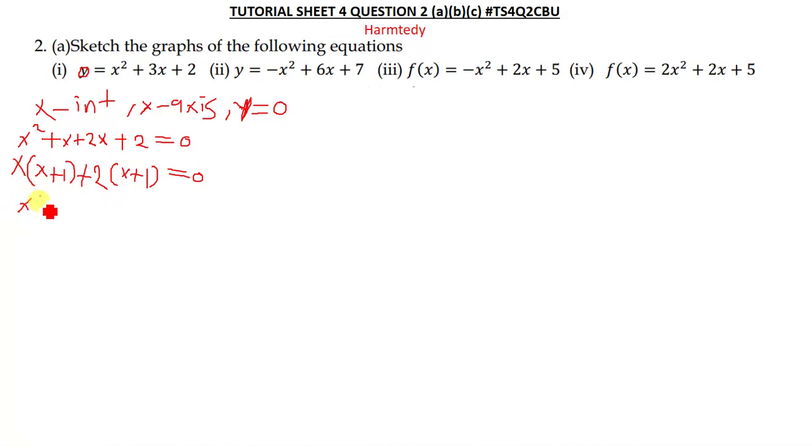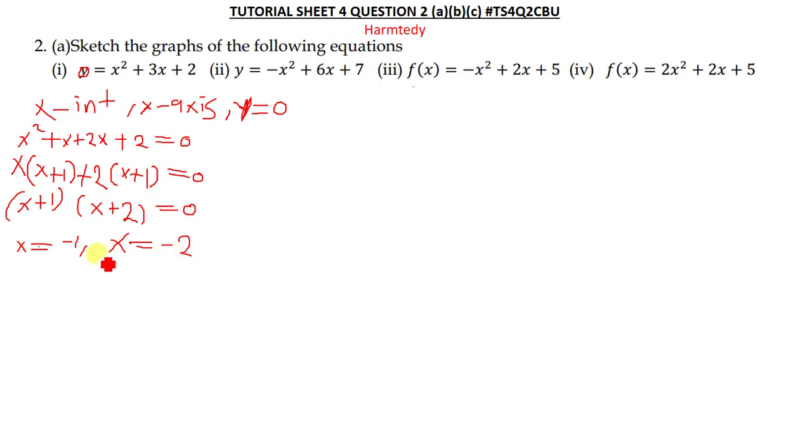So x plus 1 and x plus 2 are equal to 0. We equate these to 0, so x is equal to -1, and the other value of x is -2.